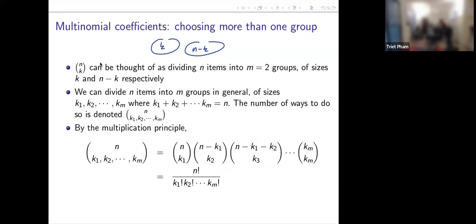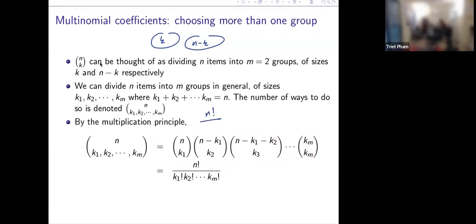But if you write this out, you will see that this is n factorial over k1 factorial, n minus k1 factorial. The next one we have is n minus k1 factorial over k2 factorial times n minus k1 minus k2 factorial.